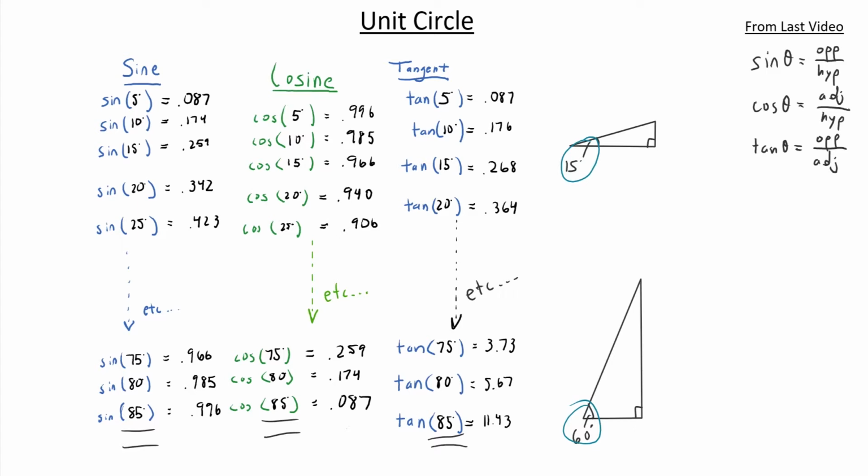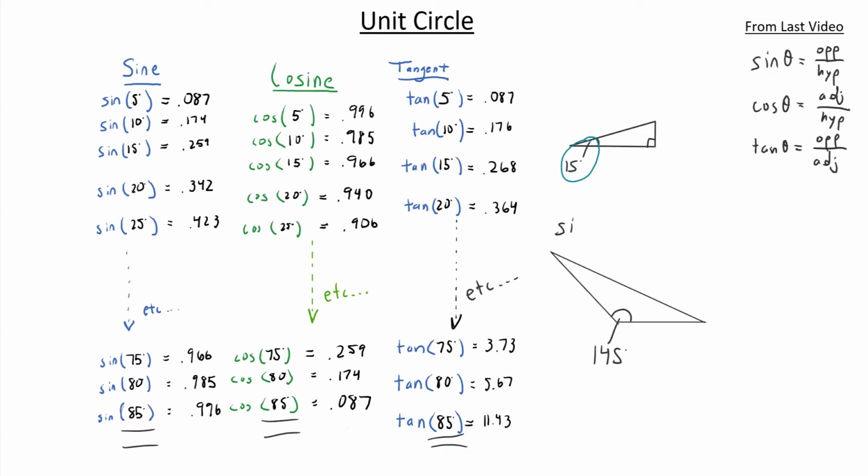Because if I try drawing a triangle with an angle bigger than 90 degrees, let's say 145, this triangle is not a right triangle anymore because it doesn't have a right angle. And we can only use sine, cosine, and tangent for angles of right triangles.